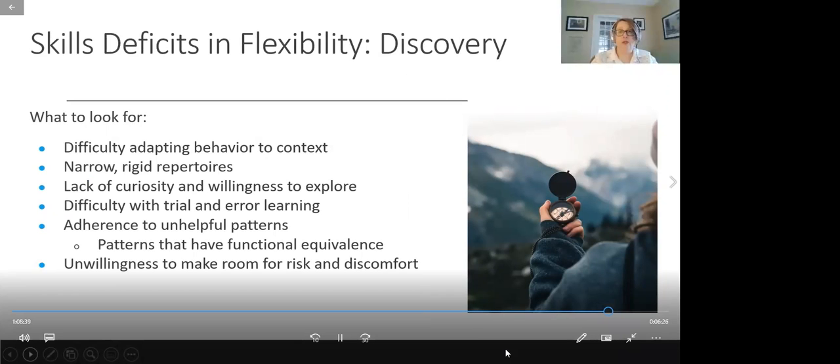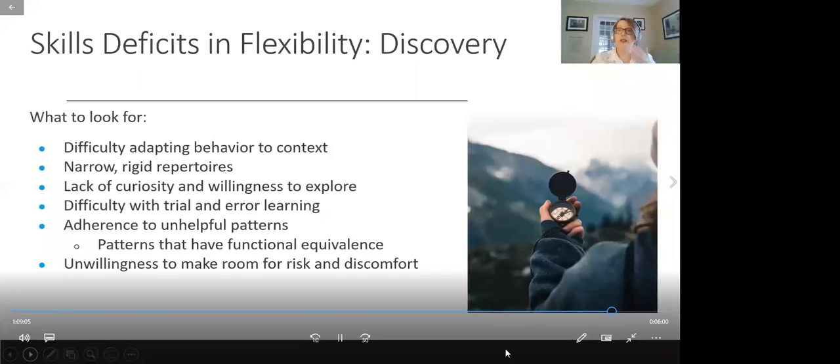You're doing OCD stuff, you're doing rituals, or maybe you have a past trauma that shows up for you in the present, and you're behaving as though it's happening now. And that's a very narrow, rigid repertoire. So there's a lack of curiosity, lack of willingness to explore, right? Unhelpful patterns and unwillingness to make room for risk and discomfort.